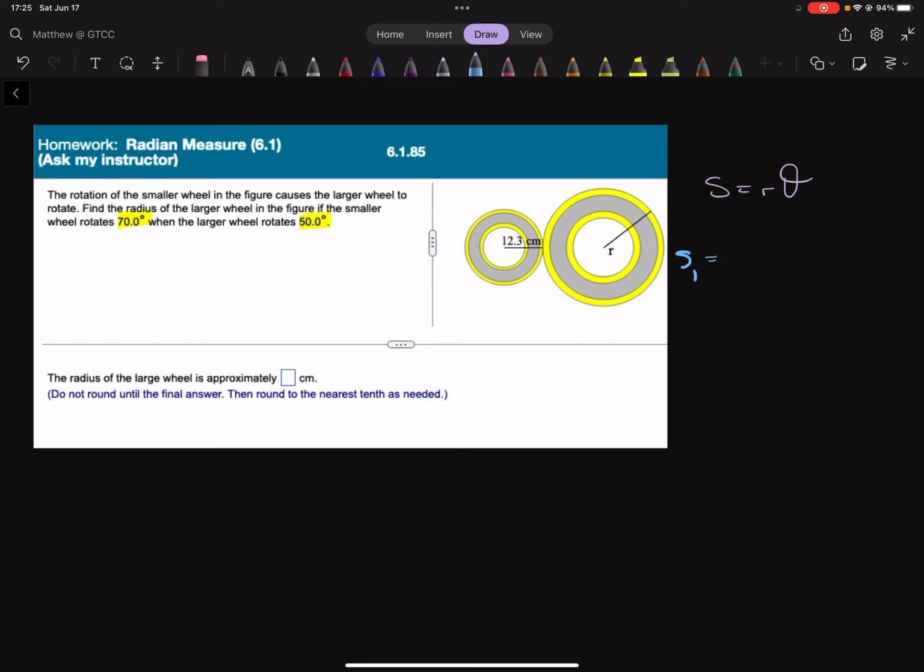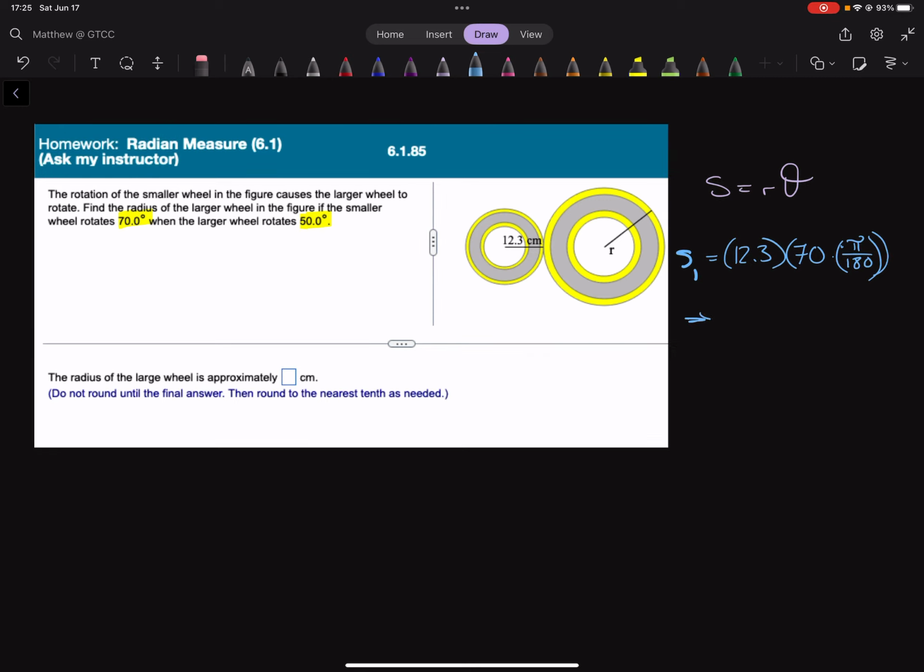S sub 1 is going to be equal to 12.3 centimeters, multiplied by 70 times pi over 180. You can put those in parentheses as well in order to calculate the arc length for the first one.